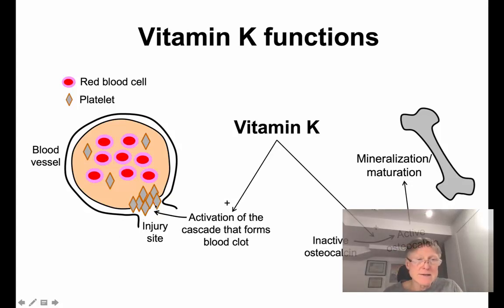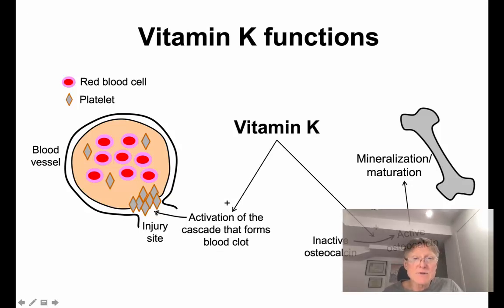Well, when there is damage, there is the release of specific factors around that damaged area that activate what is present in the blood. In this particular case, you have vitamin K. Vitamin K, present in the circulation, activates a cascade of events that forms the blood clot.